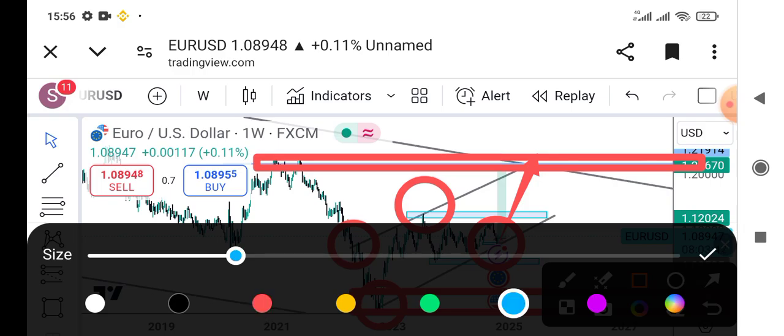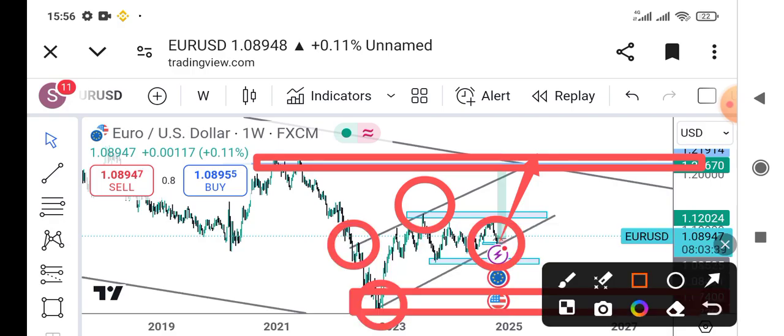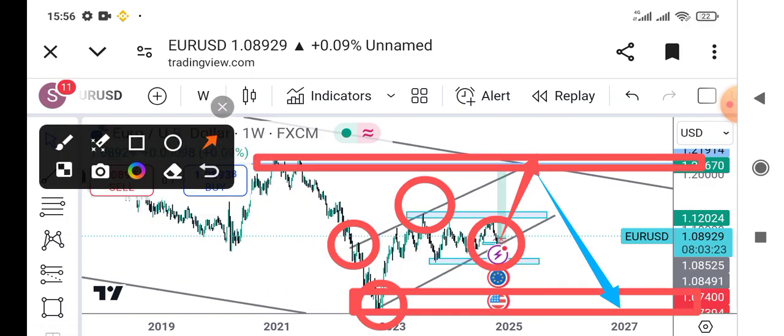This market is supposed to move down. That is how that market is supposed to be.